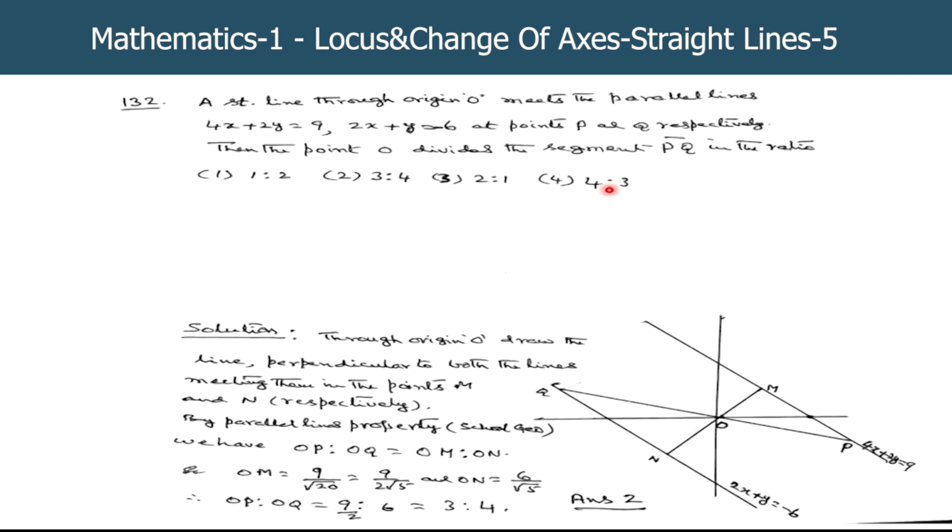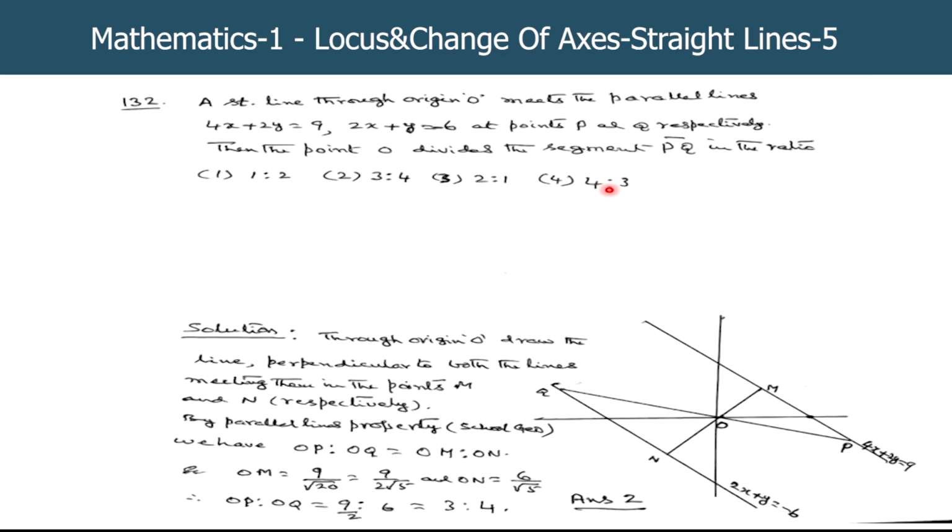So that's why, see the diagram. In the diagram, I have given through origin, a straight line is drawn perpendicular to both the lines, meeting the lines in M and N. The required ratio is nothing but OM is to ON.